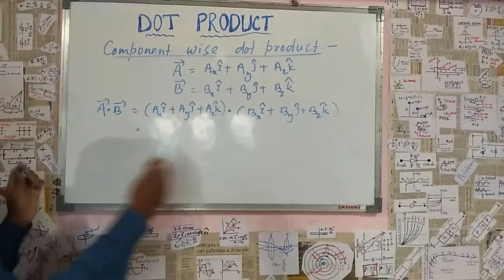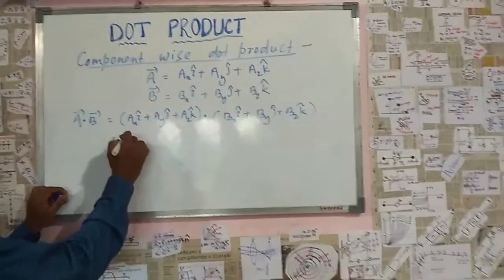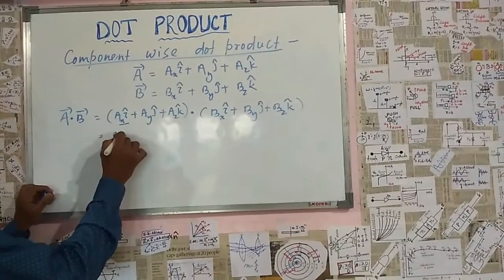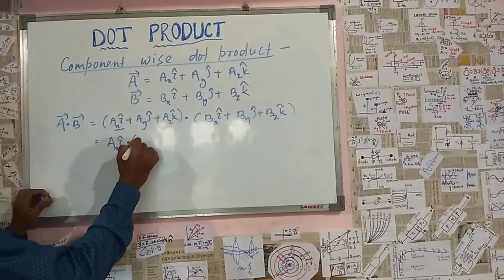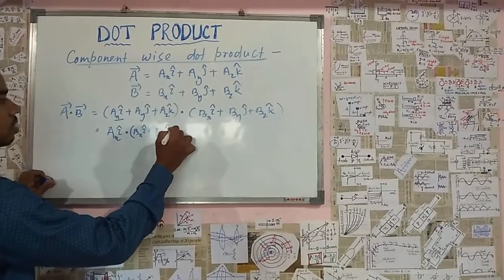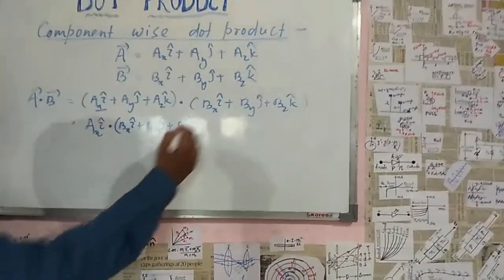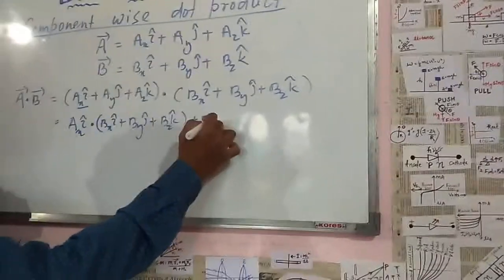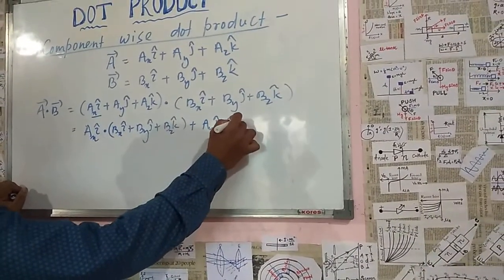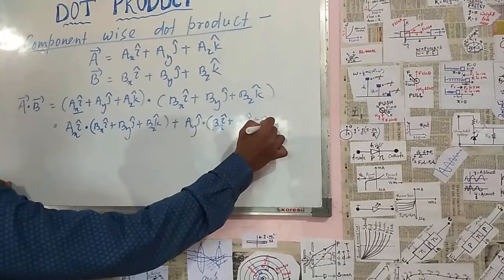So how to do the multiplication? You know what to do in algebra. First it will be multiplied with all. That means ax i cap dot bx i cap plus by j cap plus bz k cap. Is it clear? Then next, ay j cap dot bx i cap plus by j cap plus bz k cap.